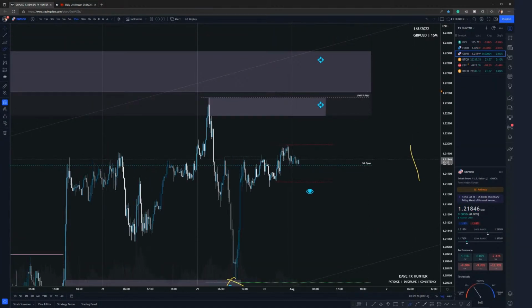Then it means that the pound will go up here. So yes, I would like to see this move.